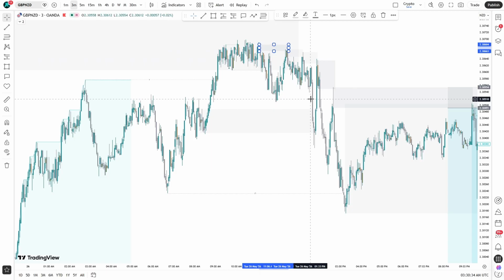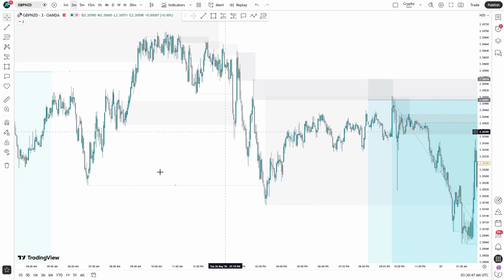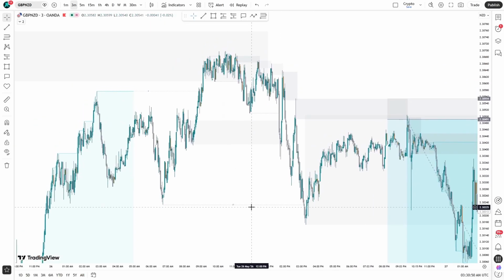We had another break here. We had another break here. Then we mitigated this supply zone. We had another break here. We did this one, but we are waiting for a full confirmation from the higher time frame before we can enter the trade. Let's go down to another lower time frame for this point of view.